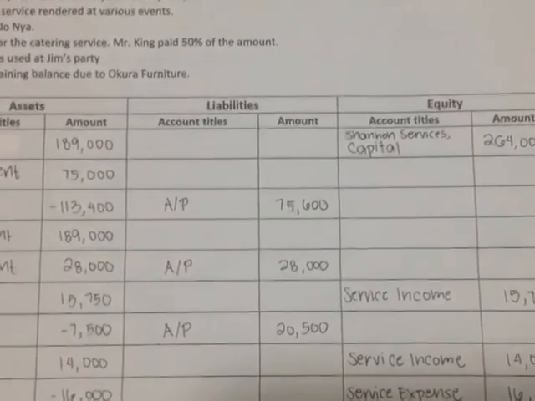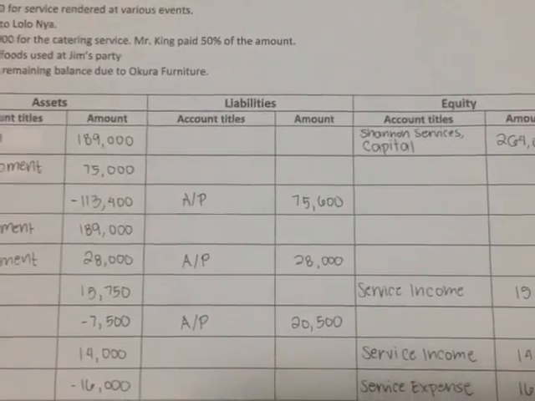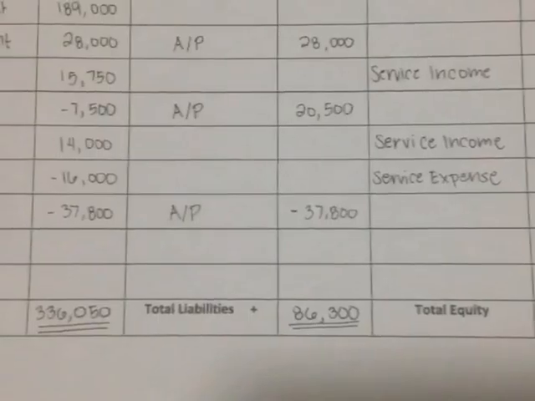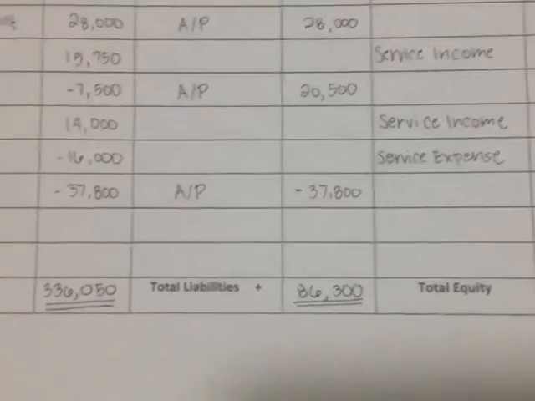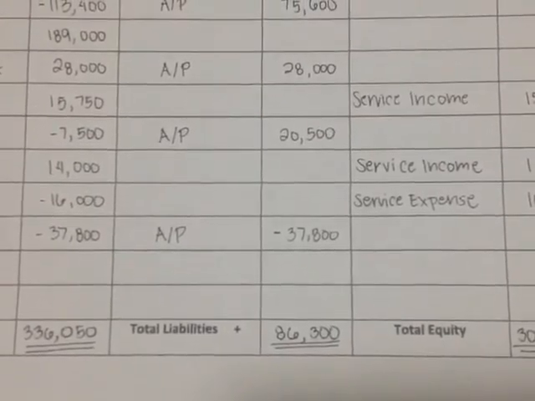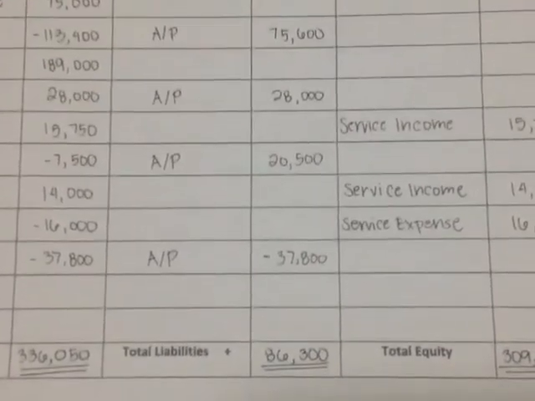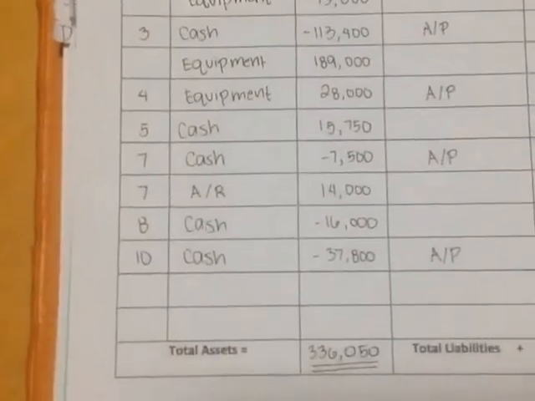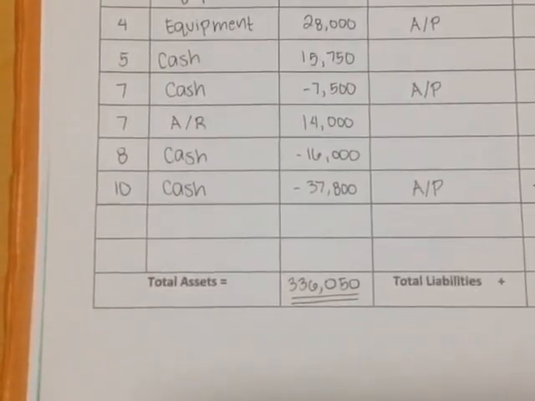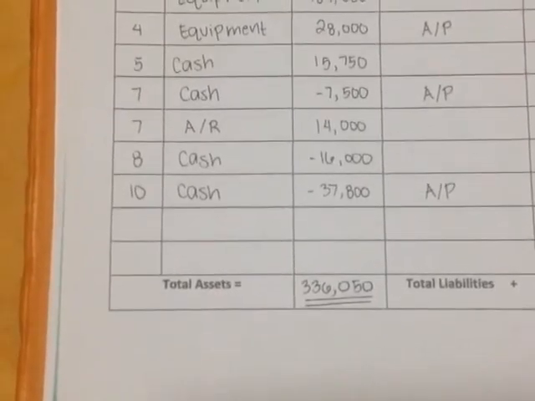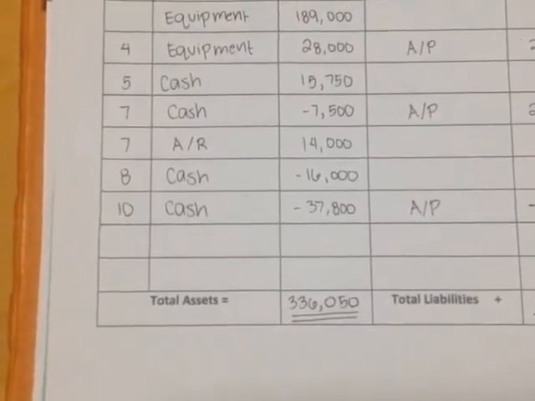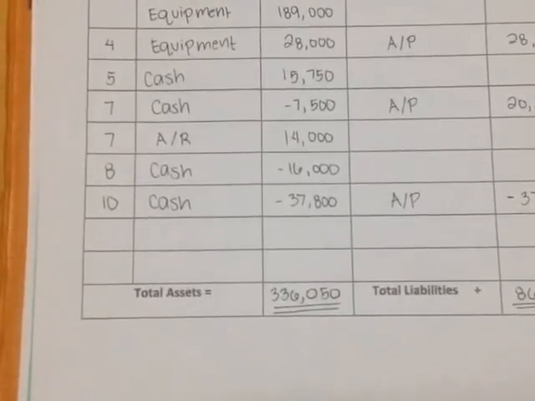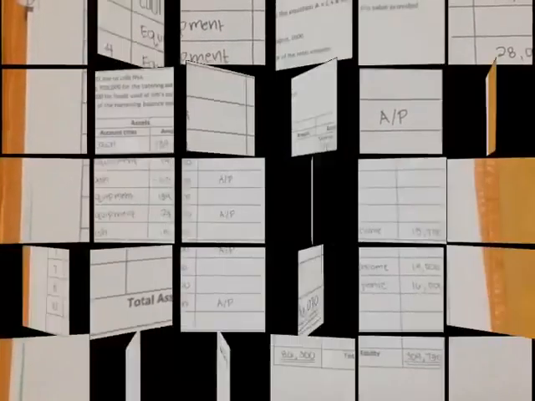But on day 10, Shannon Services paid 50% of that, which is right here, accounts payable 37,800 pesos. It is considered a decrease since it is a decrease to how much Shannon Services owes Okura Furniture. In addition, you would also add under assets the account title cash, since the company has brought out 37,800 pesos from their money to pay the remaining balance due to Okura Furniture.